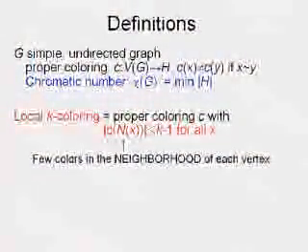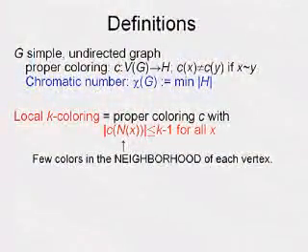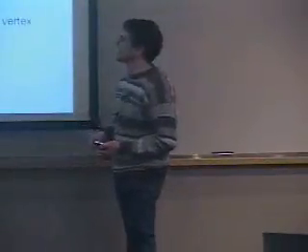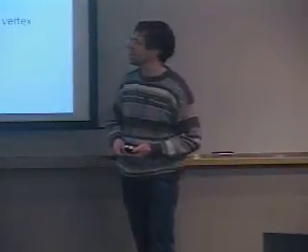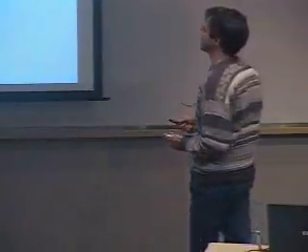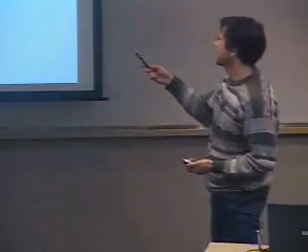In the local coloring number, you are allowed to use any number of colors, but you want to minimize how many colors appear in the neighborhood of a vertex. So this N(x) means all the vertices connected to a vertex x, and you want to make sure that there aren't too many different colors appearing there.